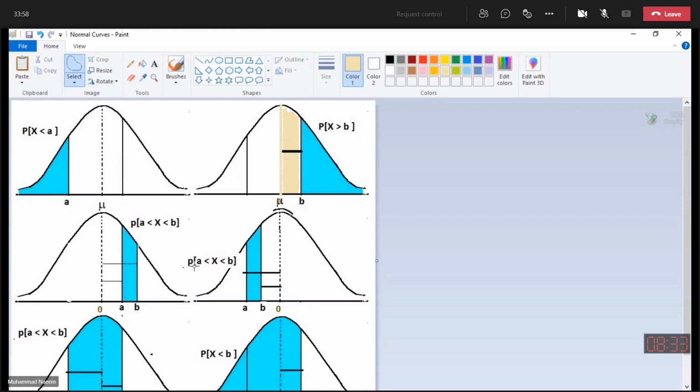Similarly, when we need this strip, consider these points with positive sign, if the required area is in the left half. Okay, this point will provide us the area from center to this point.